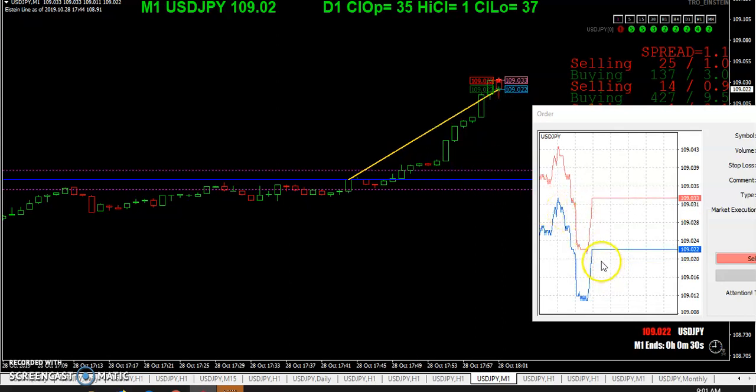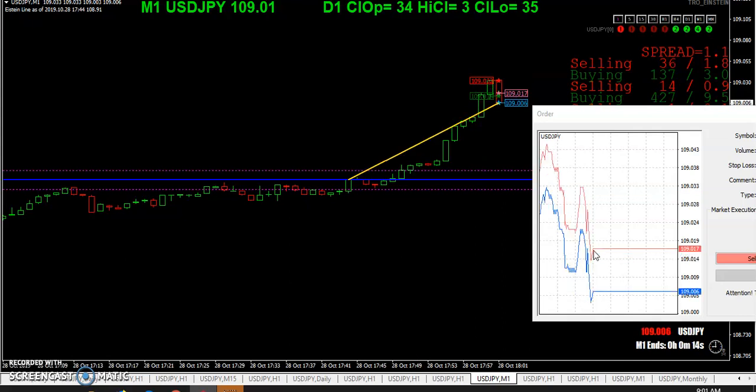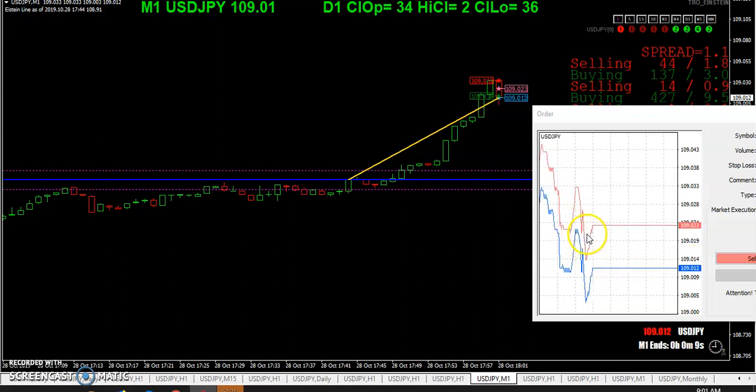Okay, what happened? It didn't quite make it above what looks like happened there.